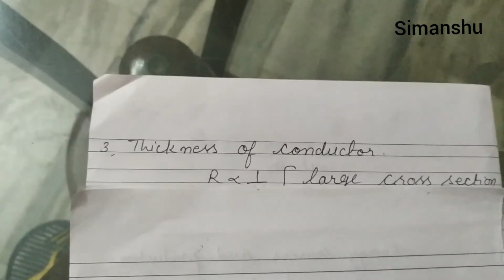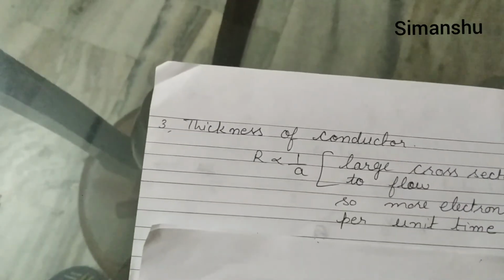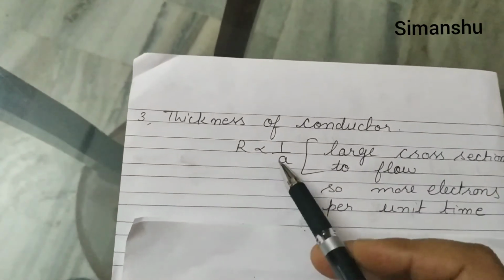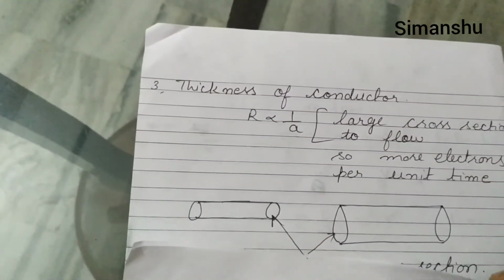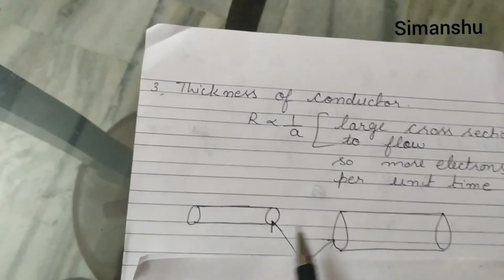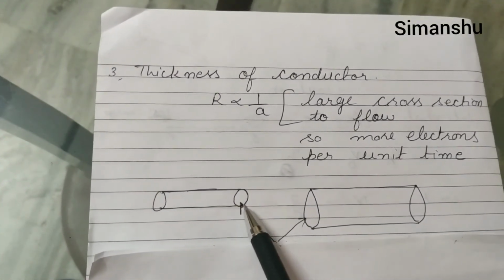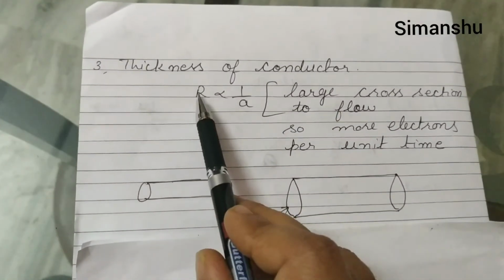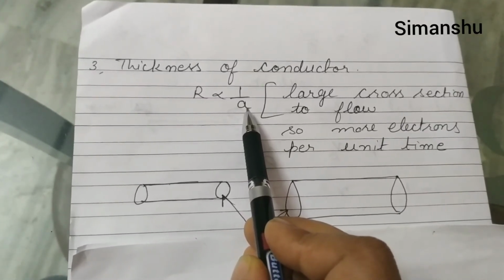The next factor that affects resistance is the thickness of the conductor. Basically we are dealing with the area of cross section here. Let me show you the diagram. Here are two wires. I made two wires. This cross sectional area, we are talking about it. Resistance is inversely proportional to the area of cross section.